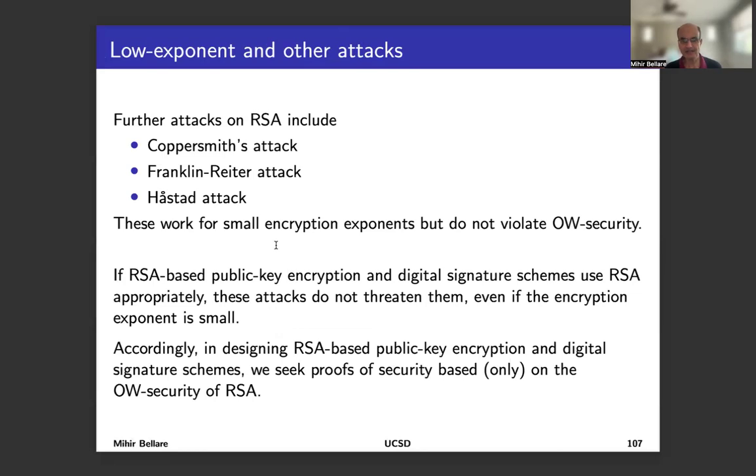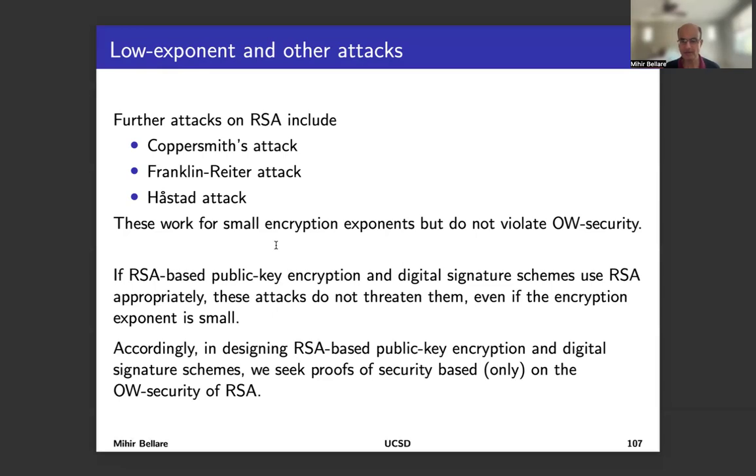If you use RSA, you have to be careful to study and take into account different kinds of attacks that are out there. And over time, people have discovered all kinds of clever attacks. We don't have to look at them in detail, but the salient takeaway is that they actually all exploit small encryption exponents.